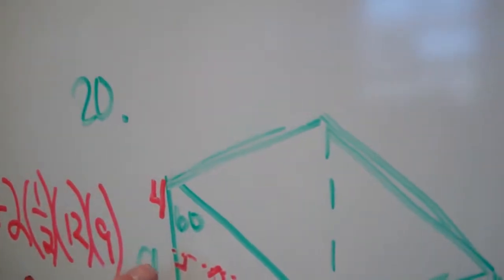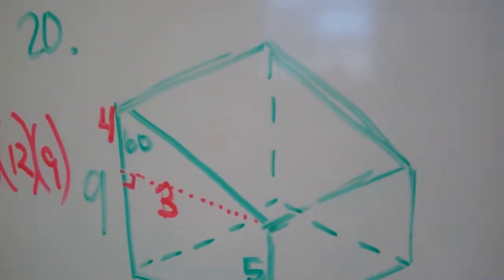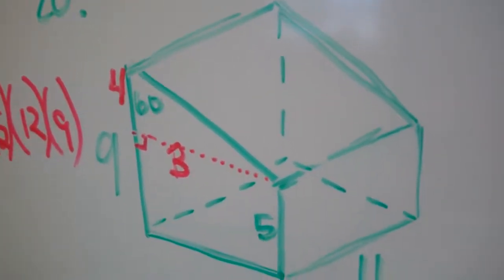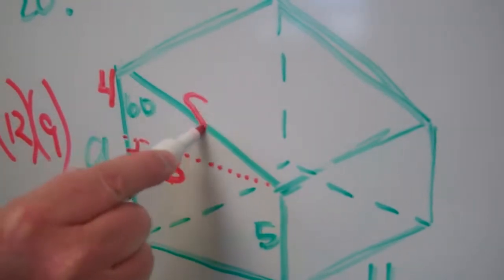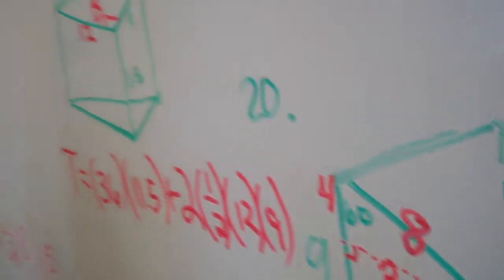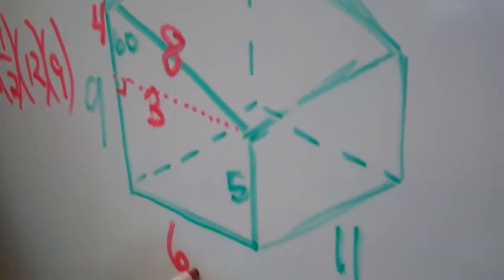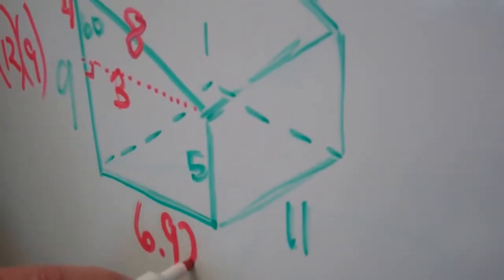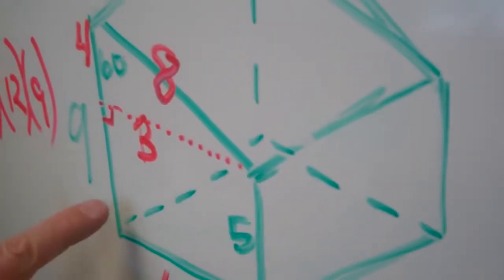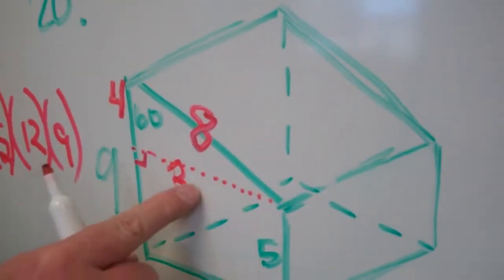So, can you tell me these other two, just knowing that? The hypotenuse is 8. Nice, she's a natural. And the other one is 6.92. I'll just put it here because that's the same thing, right? And this is my B. I'll just get it out of the way now.